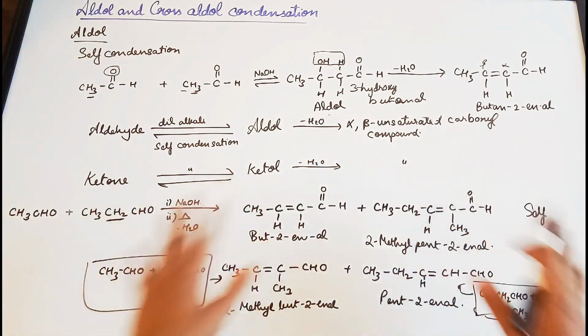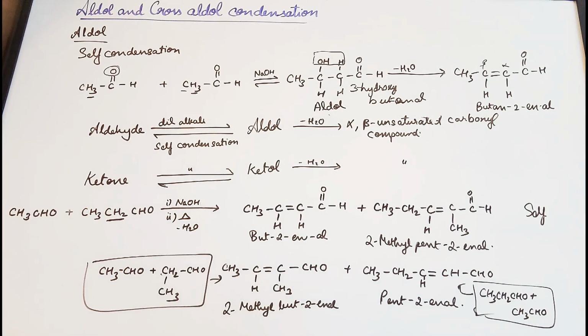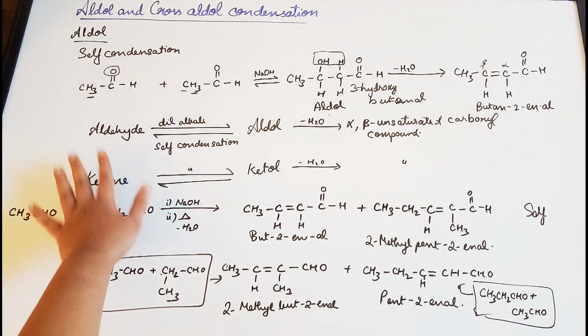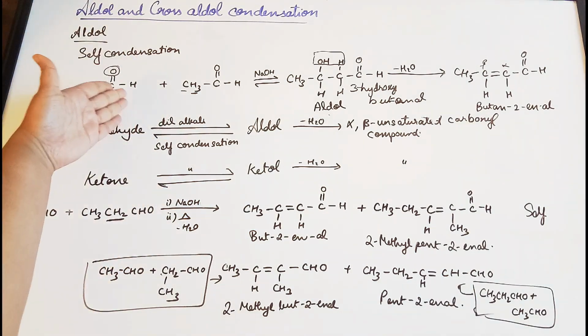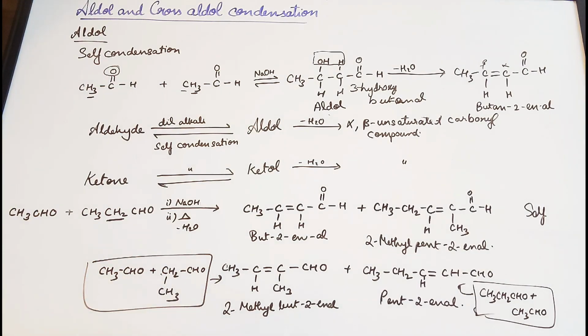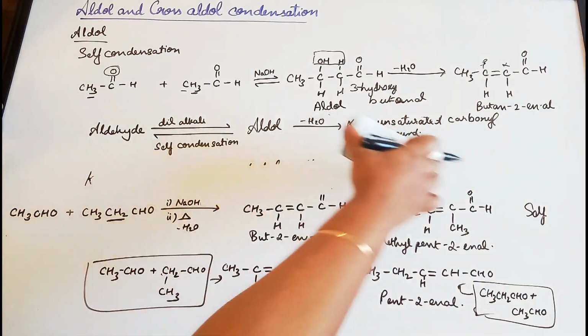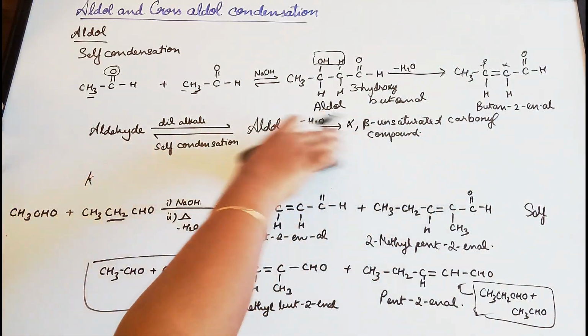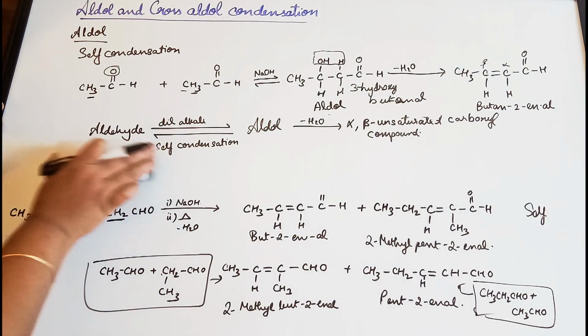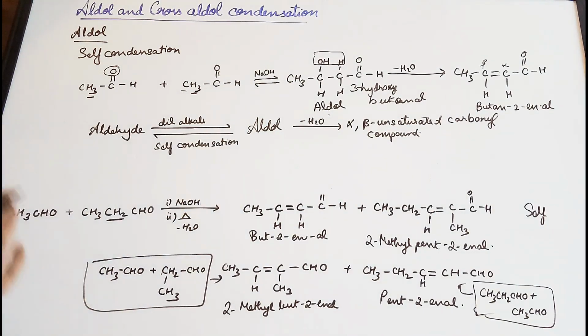For you to do all of this, you have to be clear as to what is happening in aldol condensation. So if you can write these products, it's obviously going to become very easy for you to write these ones as well. So in case of cross aldol, if one of the reactants does not possess an alpha hydrogen, it will not undergo self condensation.